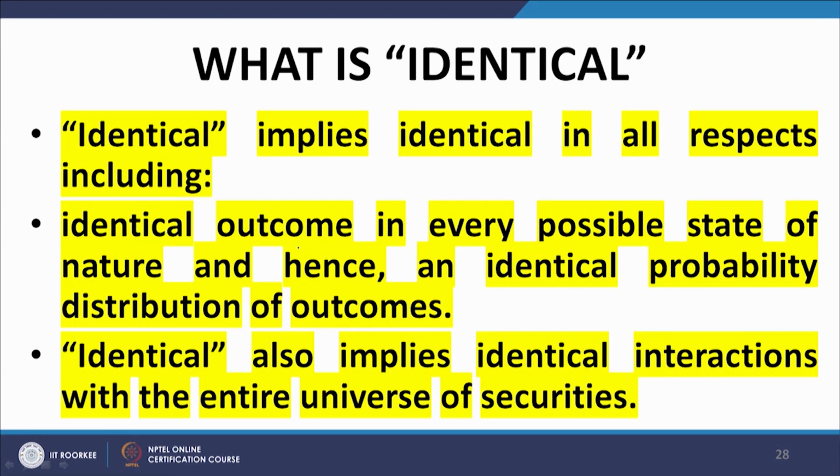This is to reiterate what I have just highlighted, what I have just emphasized. Identical implies identical in all respects, including identical outcome in every possible state of nature, and hence an identical probability distribution of outcomes. So, if two cash flows are to be identical, if they are random variables, if they are certain, it is a different matter.